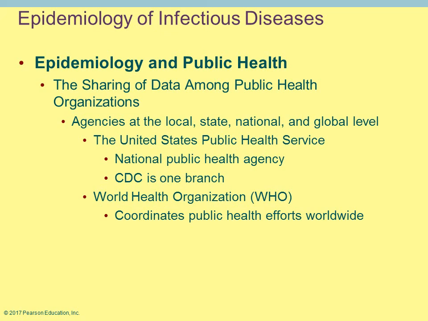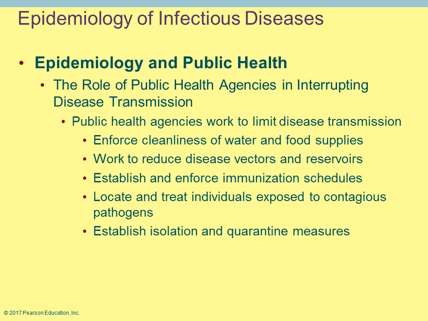This includes the CDC, the Centers for Disease Control, which is in charge of keeping track of all of these outbreaks, monitoring what's happening, what the causative agent is, and how to try to prevent it in the future. On a global level, it is the World Health Organization who tries to help control diseases globally, prevent transmission, and monitor things such as numbers, etc.